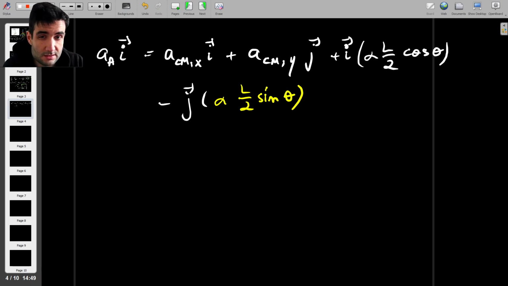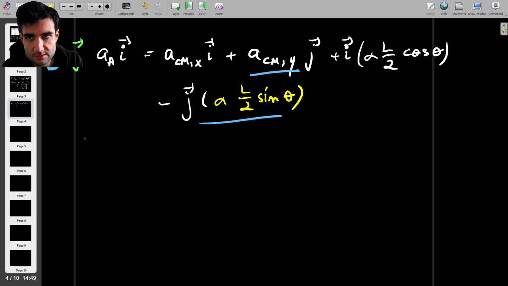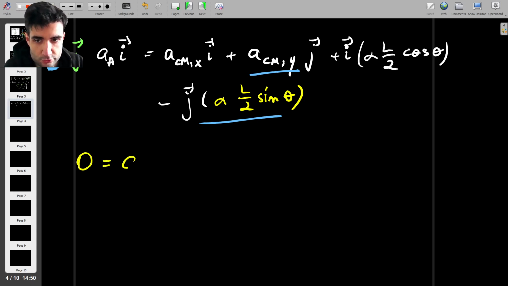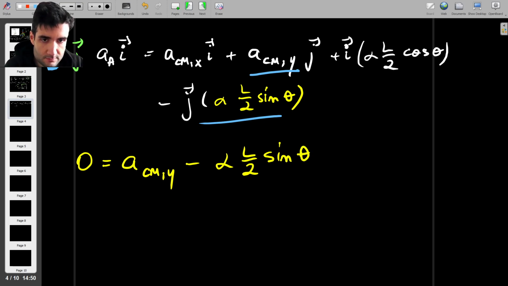And that's it. So on the left hand side, there's no j component, which means that this 0 here has to be equal to this and this. So we can say that 0 is equal to the y component of a_CM minus alpha L over 2 sine theta.